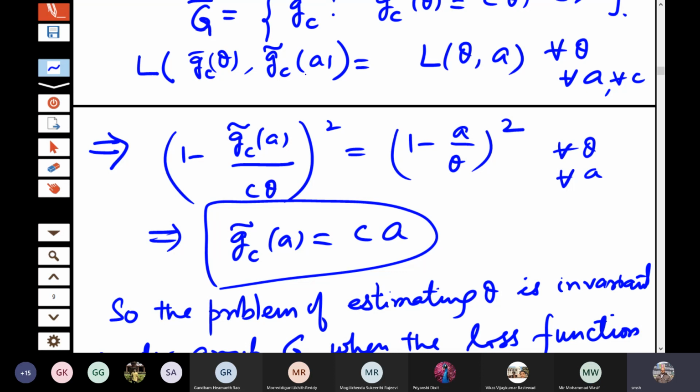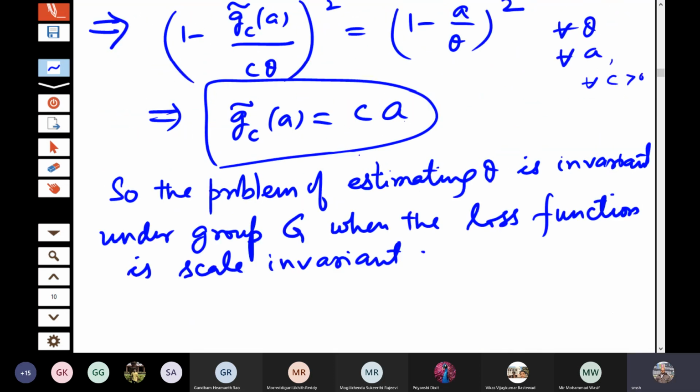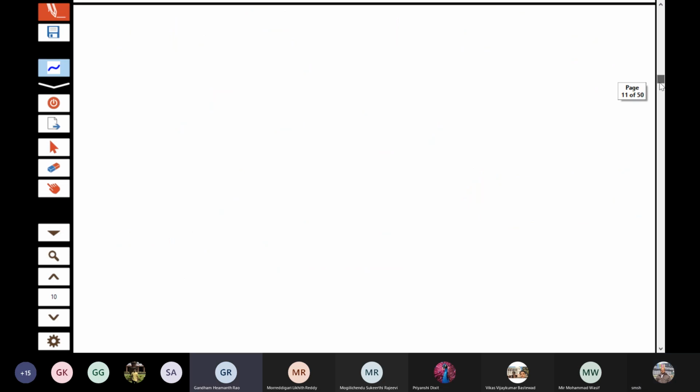Now, of course, GC bar theta we derived just now, it is C theta. So this squared should be equal to 1 minus A by theta, squared. So how will this be possible? Only if you have GC tilde A equal to C A. Then only this condition will be satisfied, because we want it for every value. That means for all theta, for all A, and for all C. So if this is taken, then the problem is invariant. Is it clear? Yes, sir. Thank you, sir.